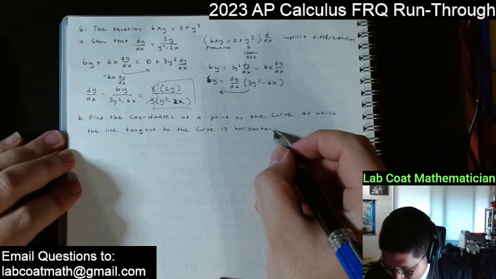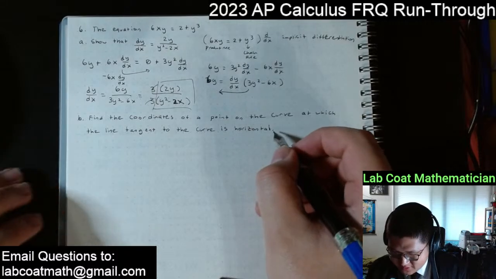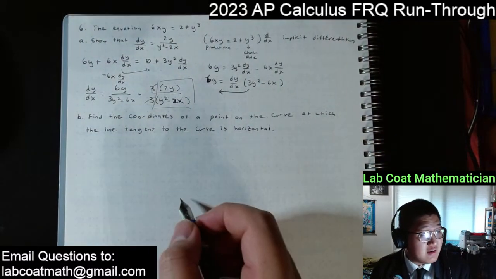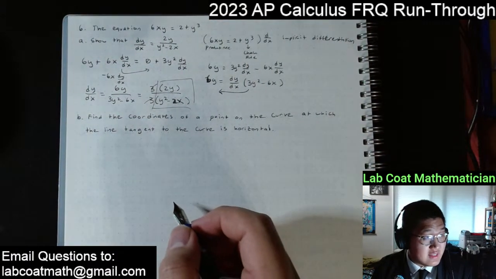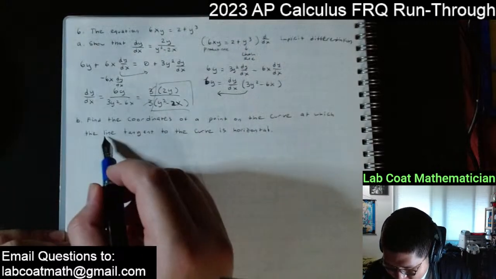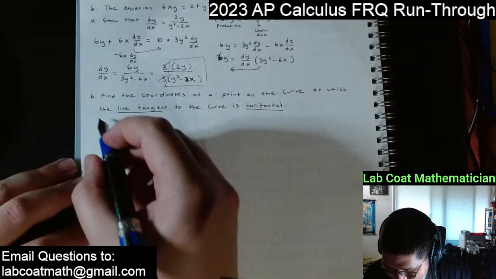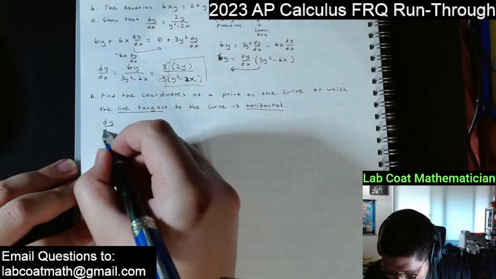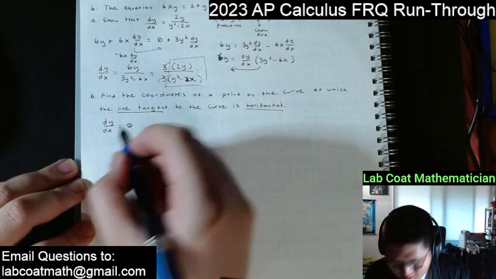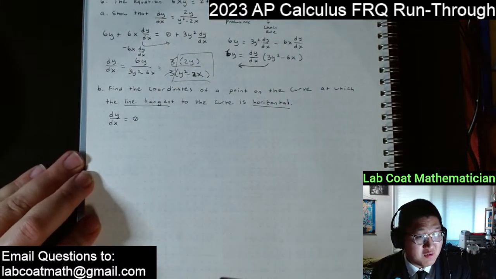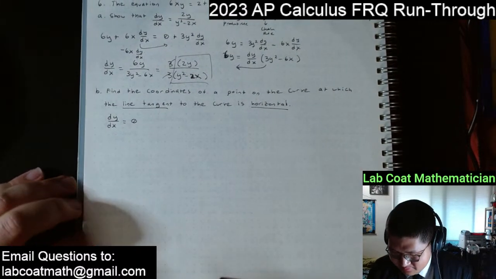Or there's no points, but nonetheless, we should have enough here. The line tangent being horizontal means that our first derivative dy over dx that we've already shown before is equal to 0. That's what they want to see for this part.